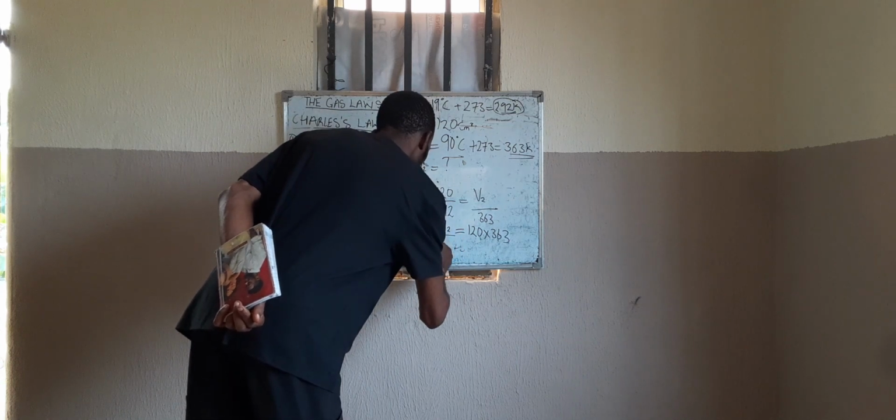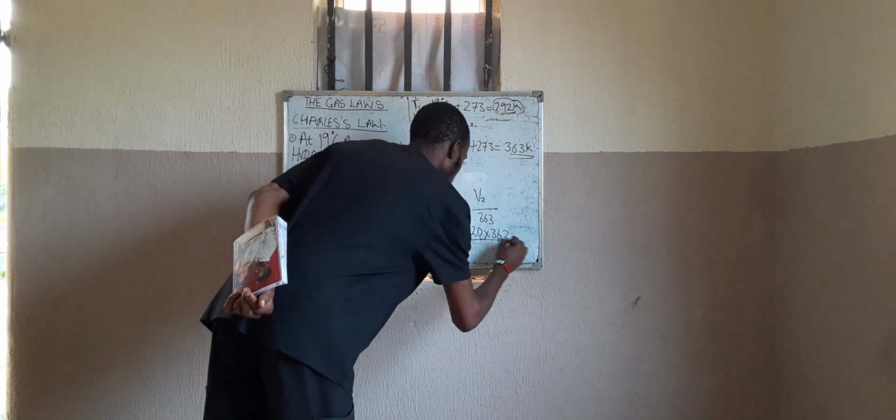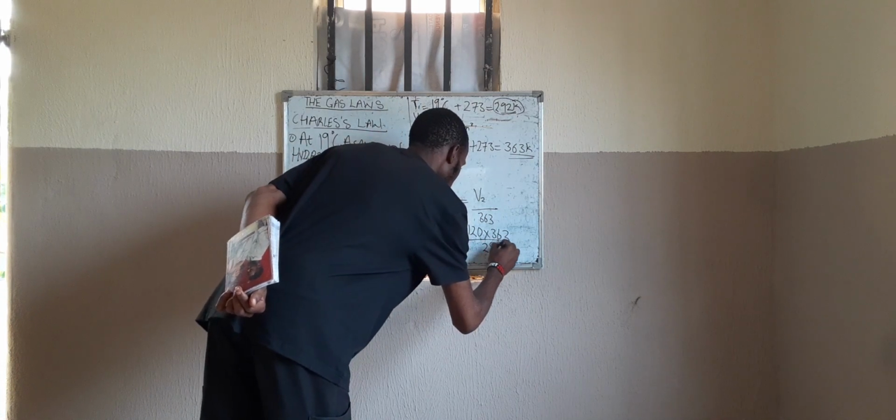So making V2 the subject of the formula, we divide by 292, this 292 over 292 will cancel out.